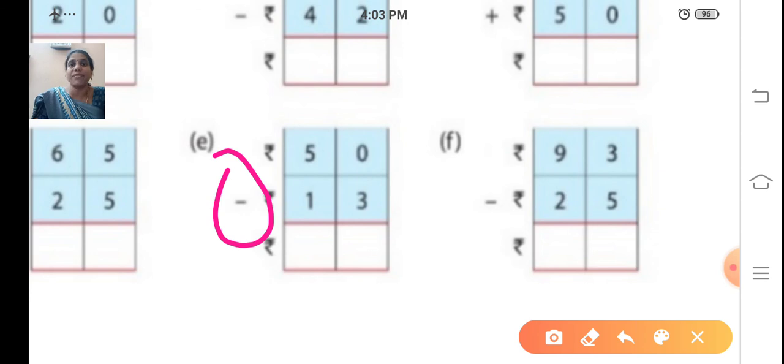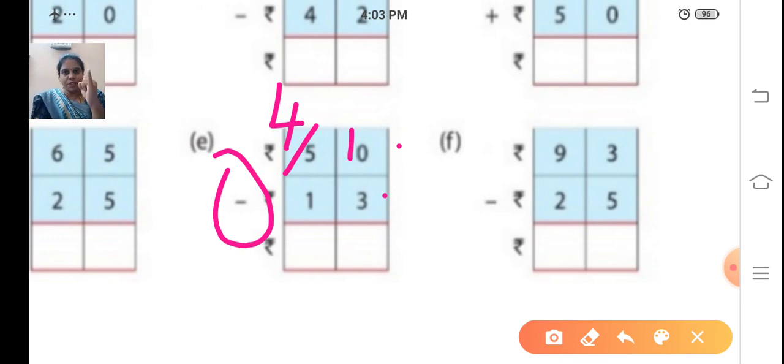You're going to subtract 50 minus 13. Okay, first we'll subtract 0. Can you subtract 0 minus 3? No. So you're going to borrow. This number will become 4 and this will become 10. Just copy everything in your book, children. Clear? 10 minus 3.